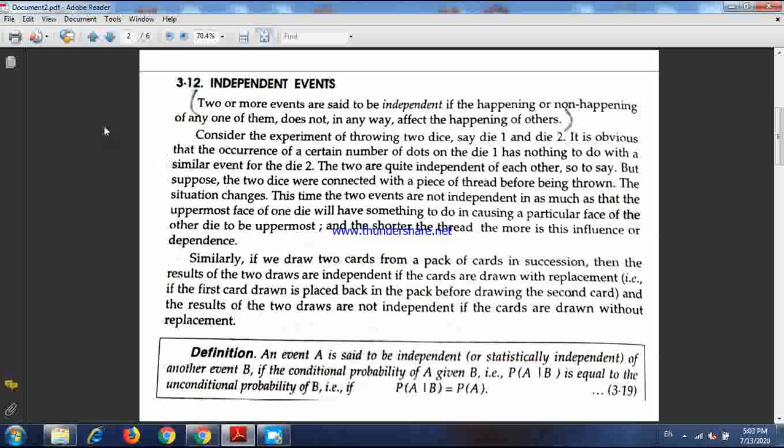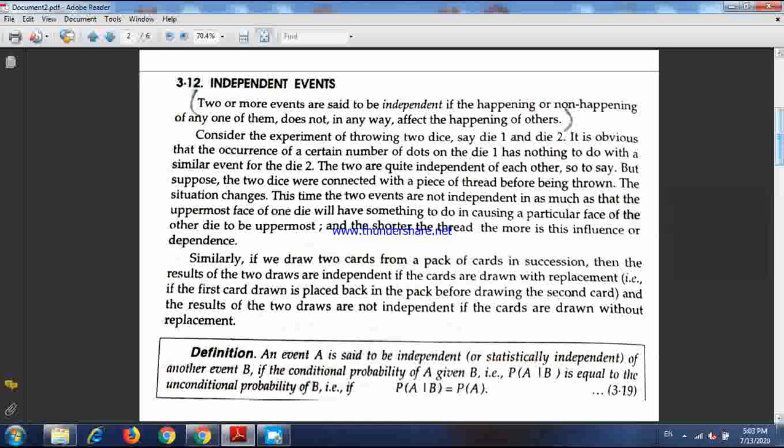Independent events. Two or more events are said to be independent if the happening of one event does not depend in any way on the happening or non-happening of another event. For example, if I toss two coins, then the event of getting head on the first coin is independent of the event of getting head or tail on the second coin.